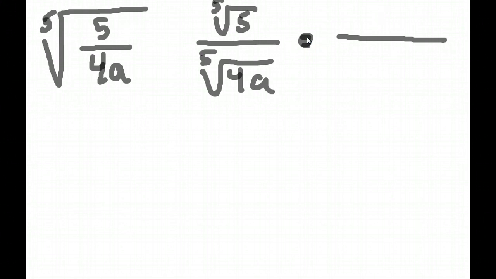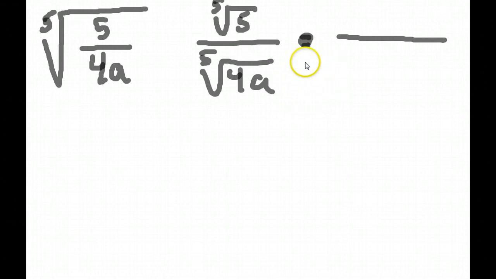Fifth root of 4, how do we do that? Well, if we multiply it by 8, we get 32, and 2 to the 5th power is 32. So we can multiply our numerator and our denominator by the fifth root of 8, that takes care of our numbers, but we have this a also in the denominator. And we need to get it up to a 5th power, so we multiply that by a to the 4th.